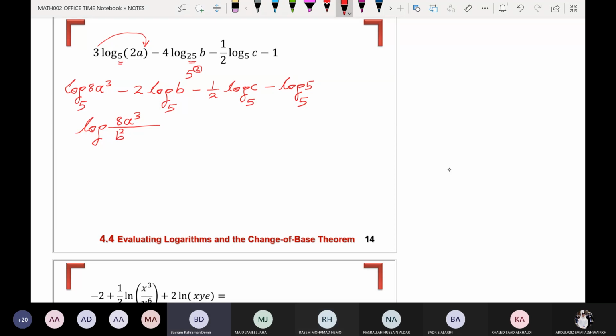Why am I writing b at the denominator? Because it is minus. Minus half times log c means it is log of root c, so root c is below. Minus log of 5, so 5 is below. Did you see this game? Did you understand it?